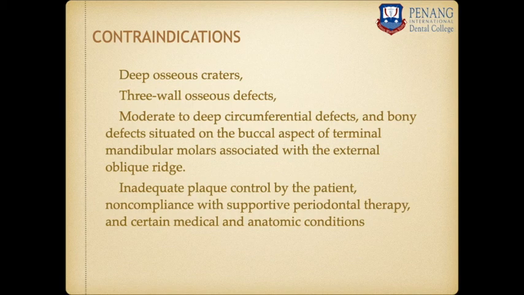Similarly, a moderate to deep circumferential defect and a bony defect situated on the buccal aspect of the last or distal molar associated with the external oblique ridge. In these cases, we can regenerate the bone which has been lost, because the containment of the graft can happen in these situations. So these are contraindicated for resective surgeries.